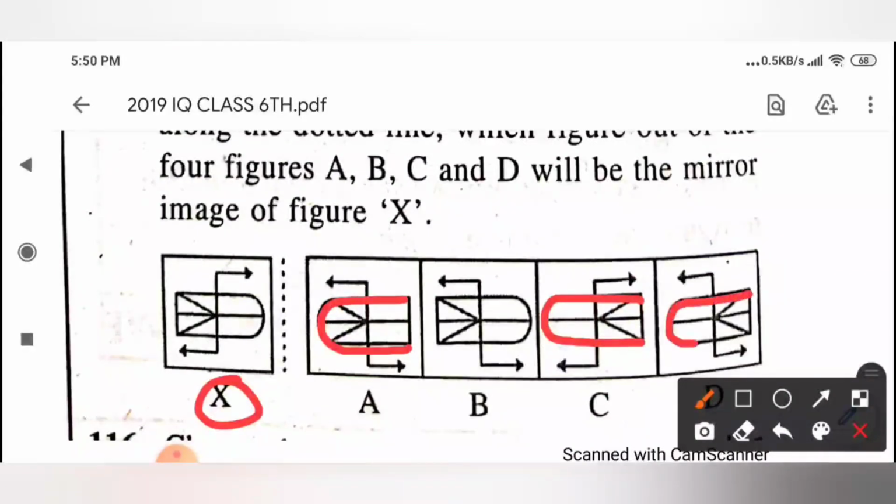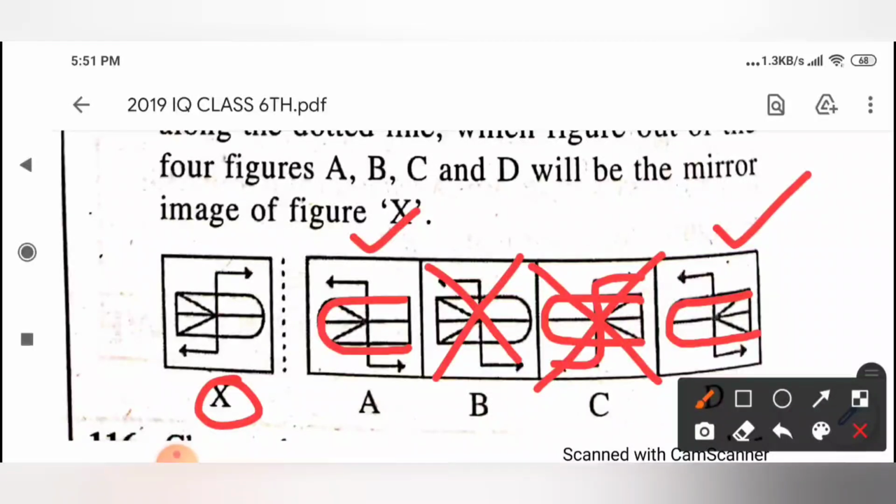Yes. So we reject option B. Because in mirror image, left becomes right, right becomes left. Now look at the arrow mark. These two arrow marks are correct. A and D arrow marks are correct. C arrow mark is wrong because it has the same direction. So C is also rejected.